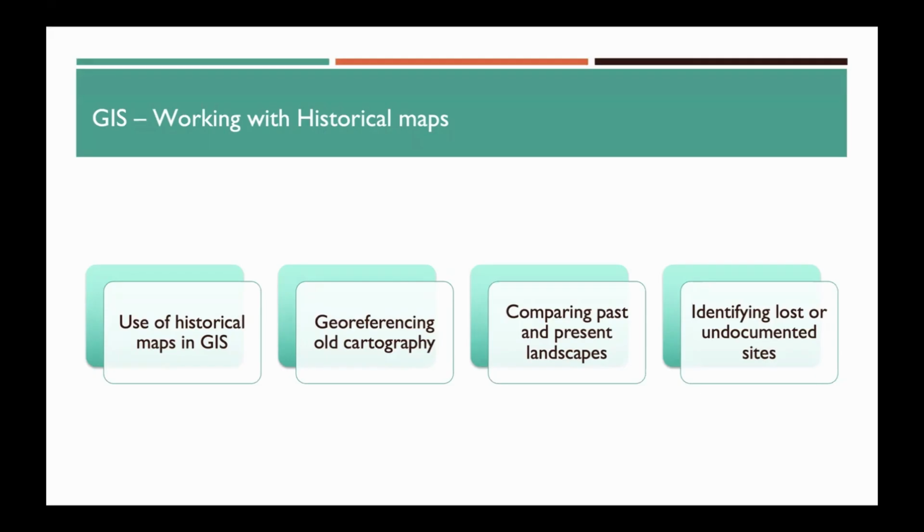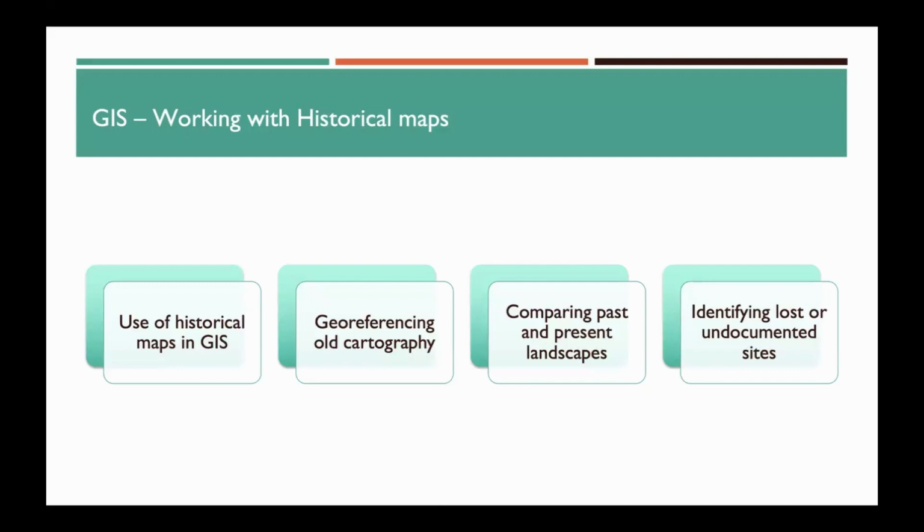This includes colonial survey maps, topographic maps, military maps, administrative and cadastral maps, early expedition sketch maps, and historical aerial photographs. It's an important point that many of those maps were colonial maps and were not originally designed to trace or to record archaeological sites.